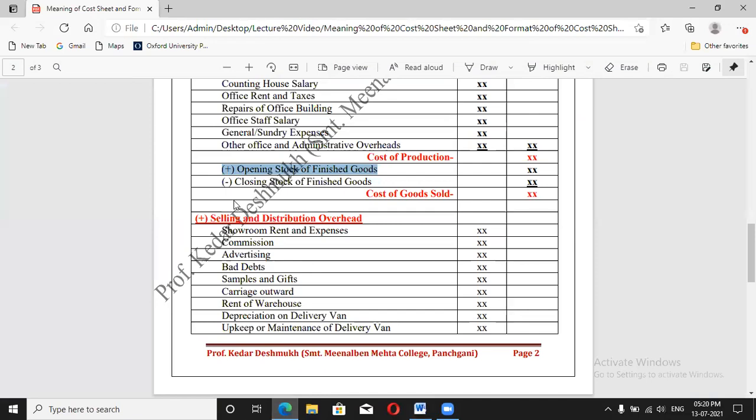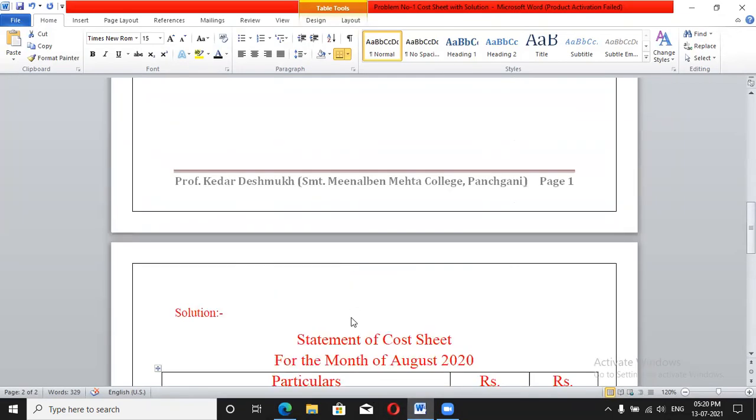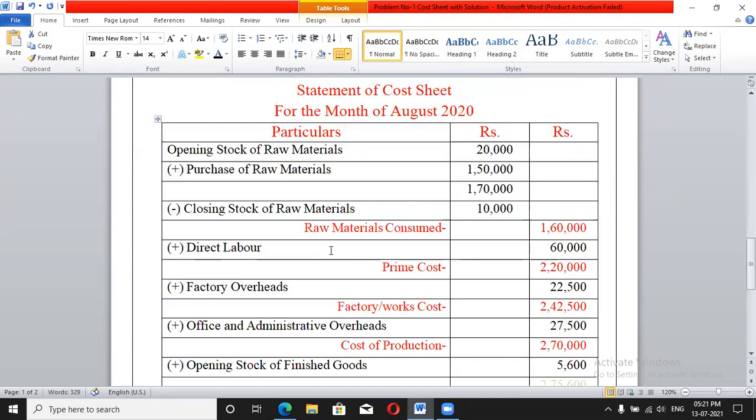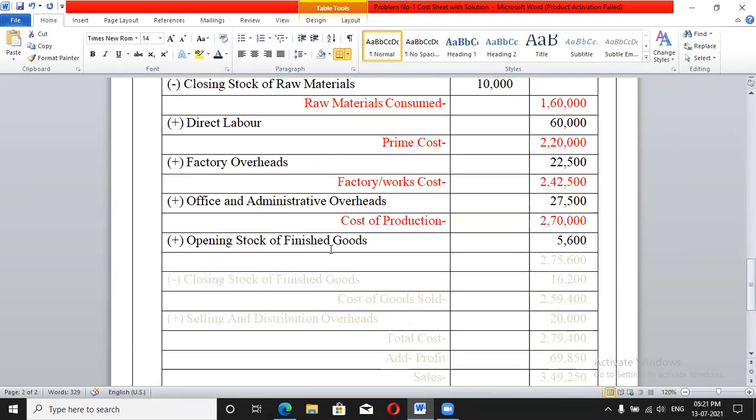Then next, what is given in our format? Closing stock of finished goods. Let's see the example. Closing stock of finished goods is also given in our example. The amount of closing stock of finished goods is 16,200. So it should be subtracted from the cost of production.